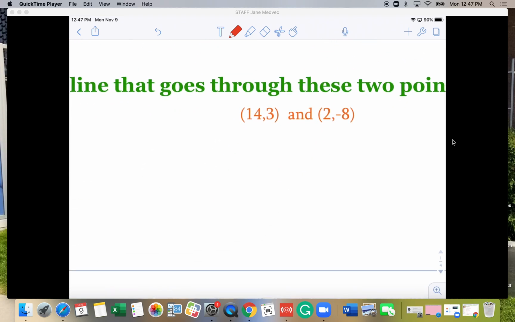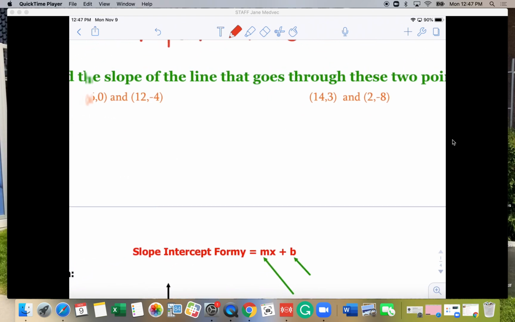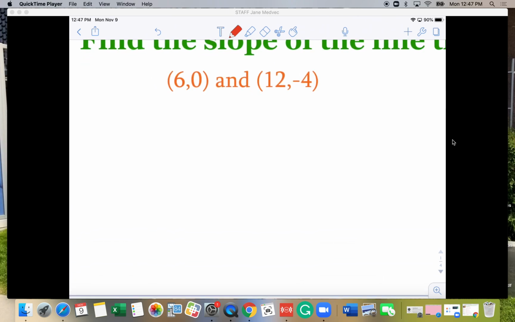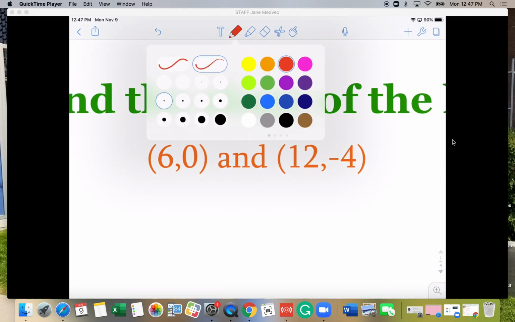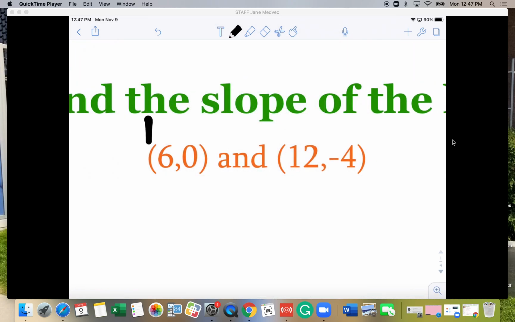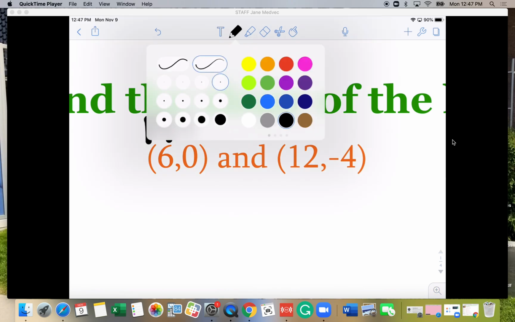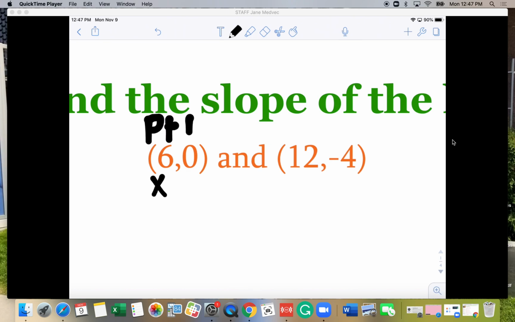Now let's take a look at some examples of slope. Notice on this example, there are 2 points. And so if you remember from algebra, what we did was we called this point 1. And so if I labeled the ordered pairs, I would call this x1, y1. And the 1 is because it's point 1.